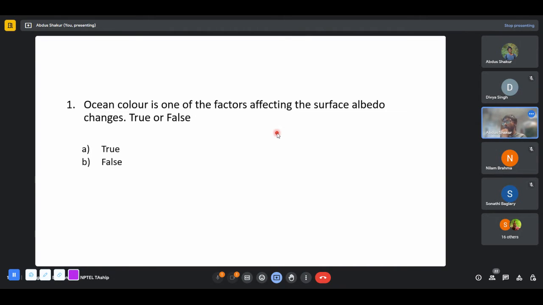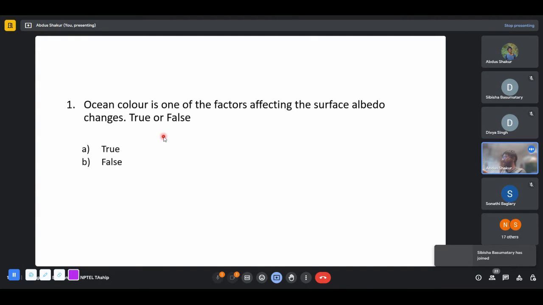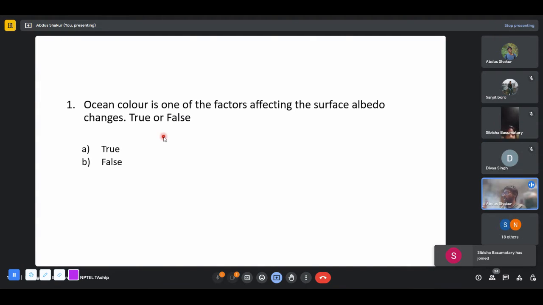So going ahead, from the previous week's assignments. The first question: ocean color is one of the factors affecting the surface albedo changes. True or false? Surface albedo is the ability of a surface to reflect light, here the ocean surface.